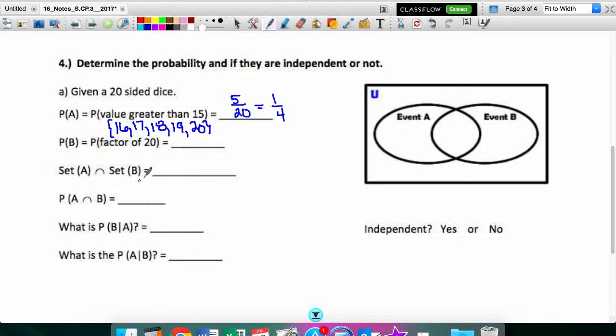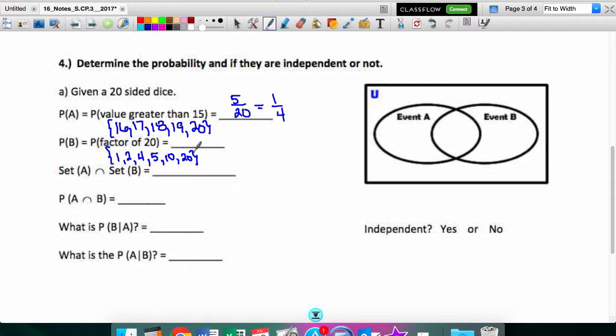For the probability of the factors of 20, let's first list the outcomes for the factors of 20. 1, 2, 20 isn't divisible by 3, but it is divisible by 4, and 5, not 6, or 7, or 8, or 9. 10 works, 11 doesn't, 12, 13, 14, 15, 16, 17, 18, 19, but 20 works.